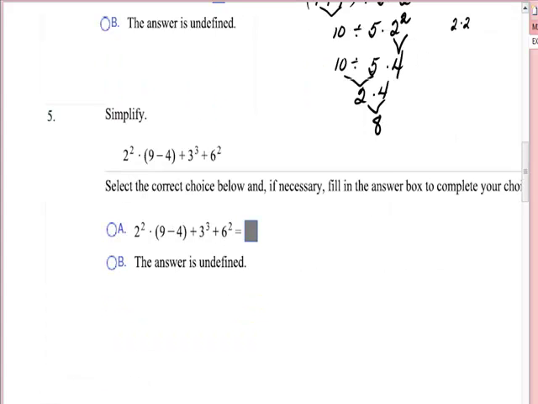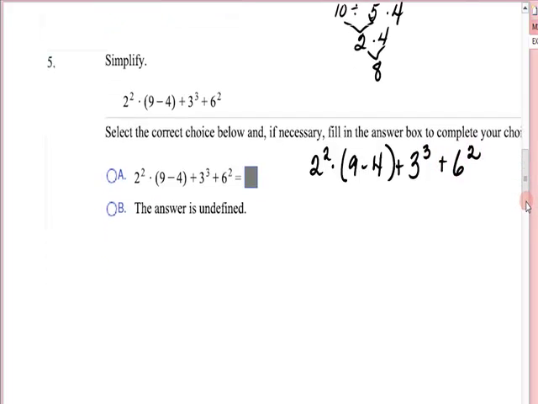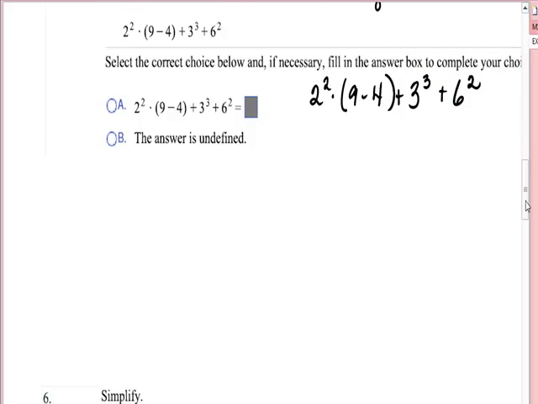Okay, in the next problem, it's a little bit longer, so let's look at it. I have 2 to the second power times parentheses 9 minus 4, close parentheses, plus 3 to the third plus 6 to the second. All right, order of operations. P for parentheses.